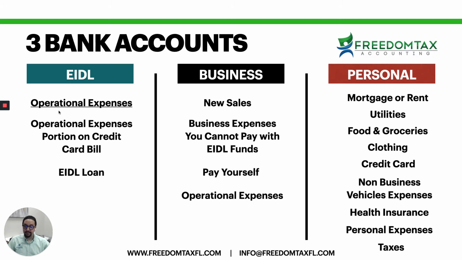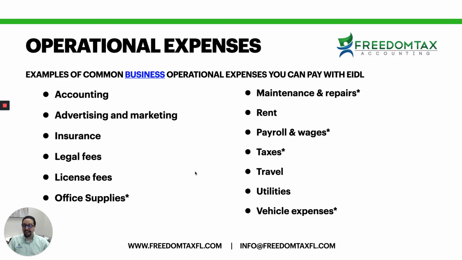Now, every case is different, but this is a list of the most common business operational expenses. From the EIDL account, you can pay your accounting, your advertising and marketing, insurance. Now, if you're a corporation or an LLC that files the 1120 or 1120S, it's the insurance from the business, not personal. Legal fees.